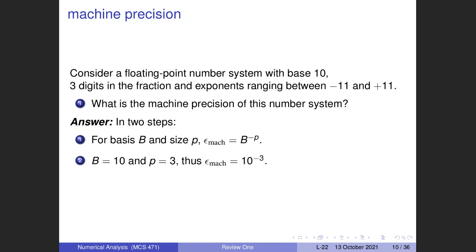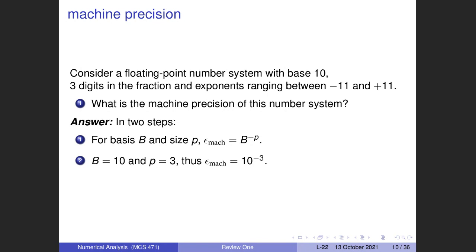Here I'm answering this in 2 steps. There is the base that one has to use, and the number of 3 digits in the fraction. To answer this question, there is too much information in the first sentence. The range of the exponents actually does not factor in here.